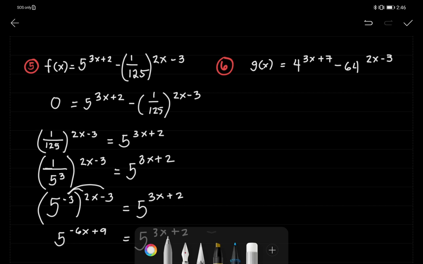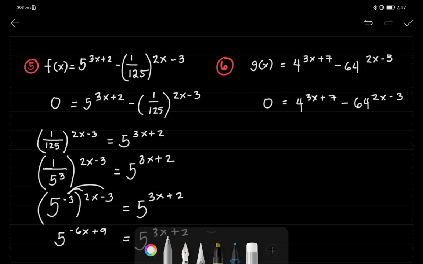Okay, so let us have here the last example. So we have here g of x is equal to 4 raised to 3x plus 7 minus 64 raised to 2x minus 3. So same as usual, equate natin sa 0. So this is 4 raised to 3x plus 7 minus 64 raised to 2x minus 3. Okay?